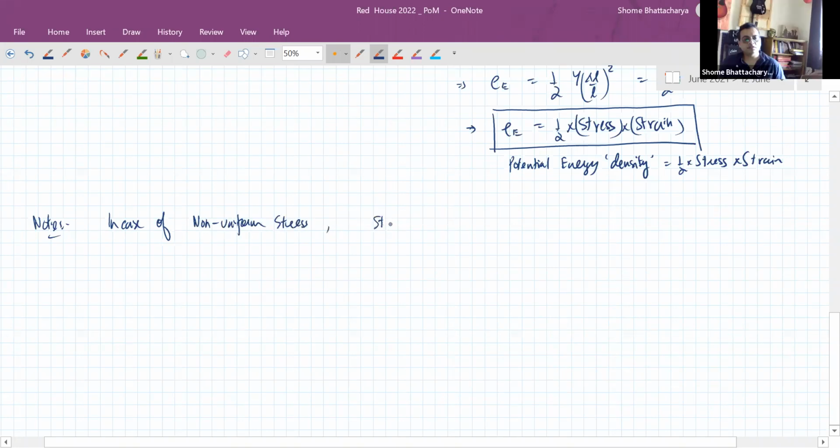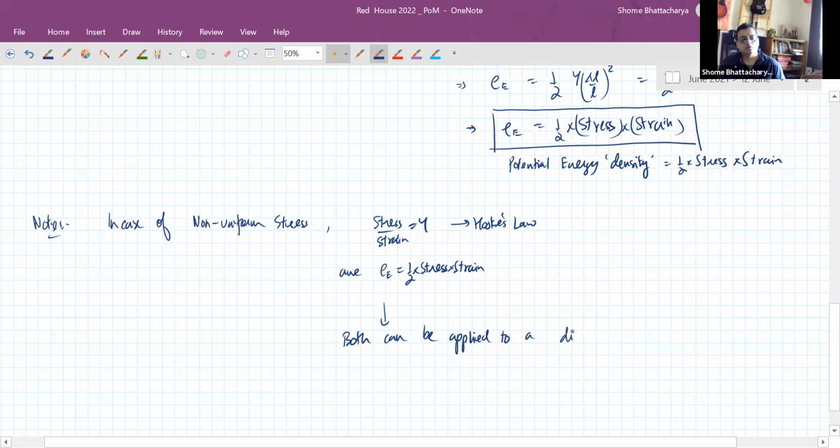Both the formula that stress upon strain is equal to Young's modulus, that is Hooke's law, and the energy density formula, both can be applied to a differential element and then integrated to calculate the deformity or the total elastic potential energy, whatever be the case.